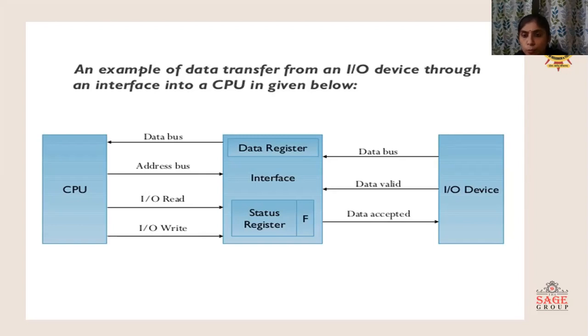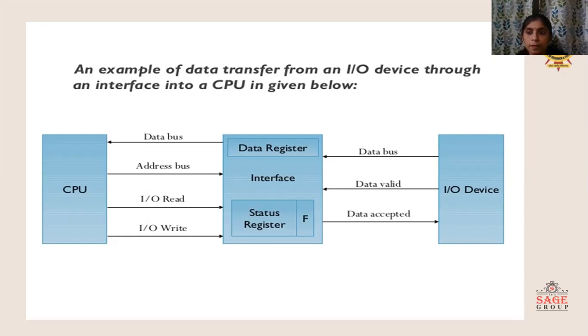This input output device is acting as a sender, and interface is acting as a receiver. Here the input output device first places its data on the data bus, and then after some time it sends a data valid signal to the interface, to give the information that input output device has already placed the data on the data bus.